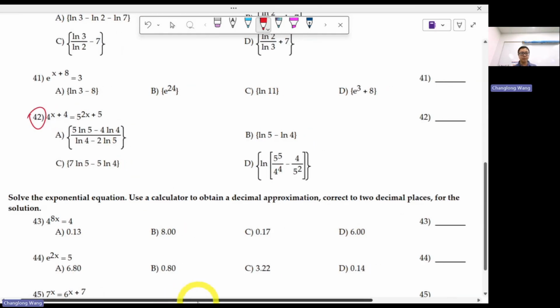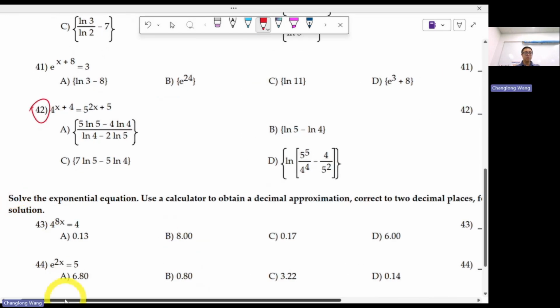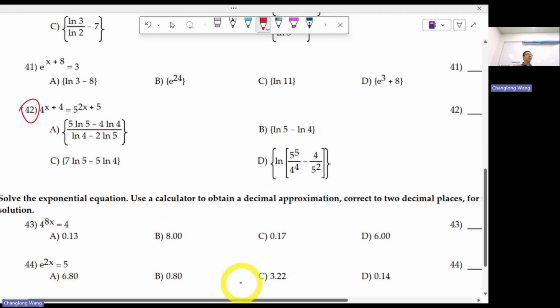But I want to share with you, or hopefully you already know, how to use the calculator to test it. The reason why I said use the calculator: if that's an SAT question, solve for x, you have those options to choose from, what would you do in SAT?